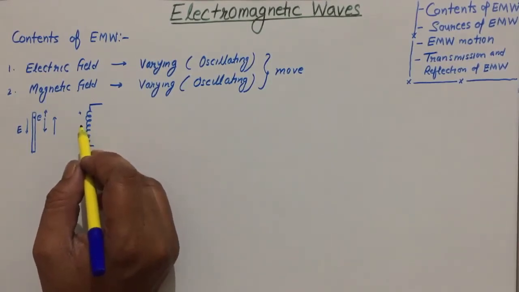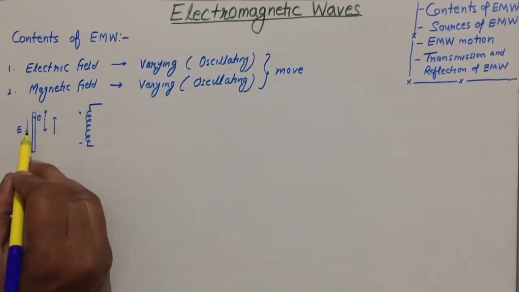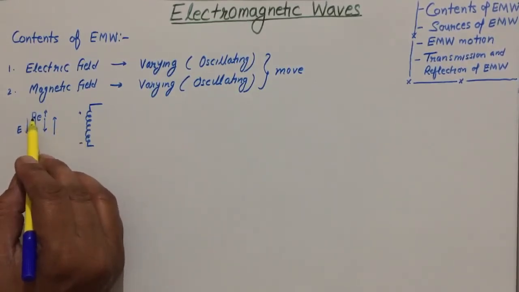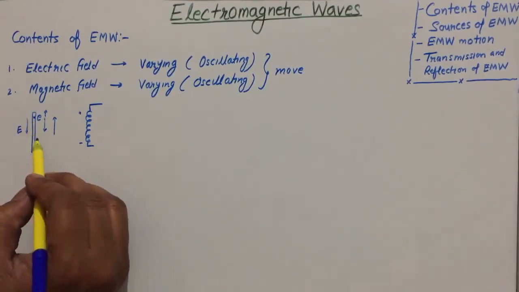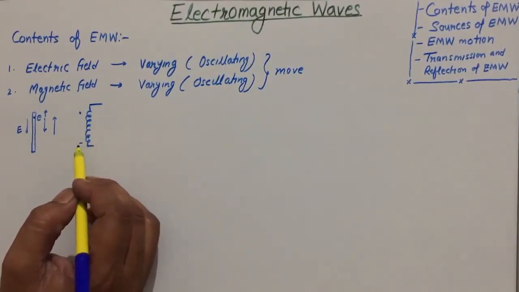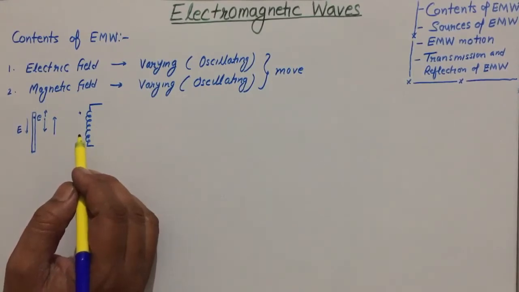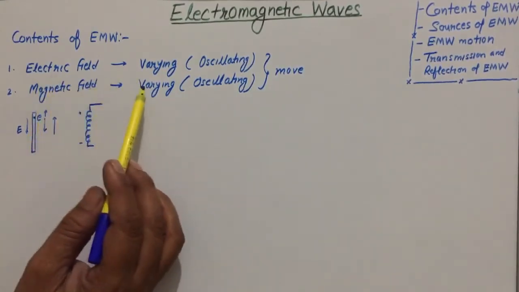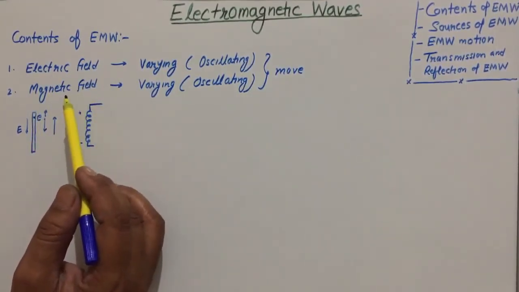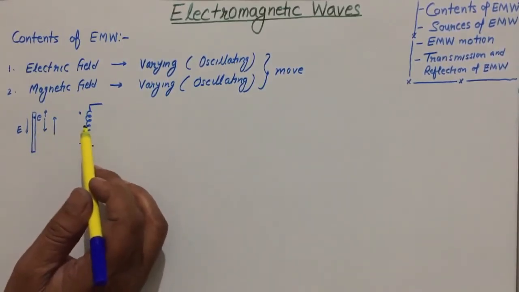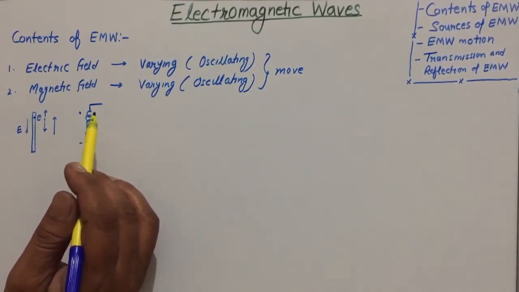So in that way we can say the wave has varying electric field and varying magnetic field, confirmed from the oscillation in the electrons and the EMF induced in it. And both of these varying electric and magnetic fields move in a direction.